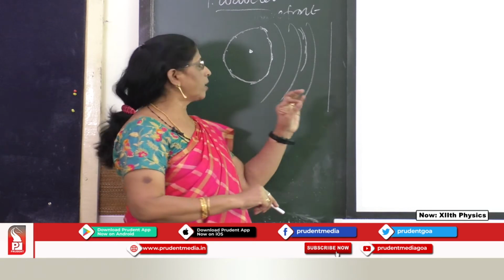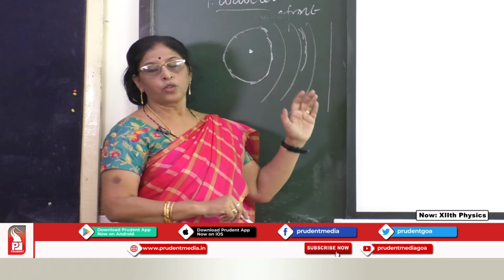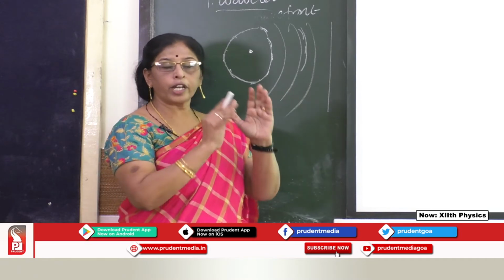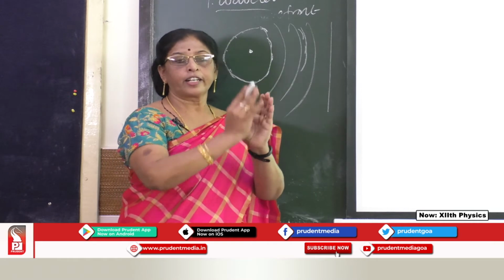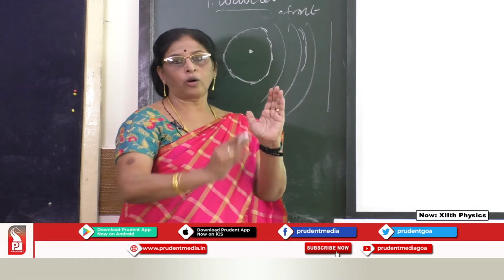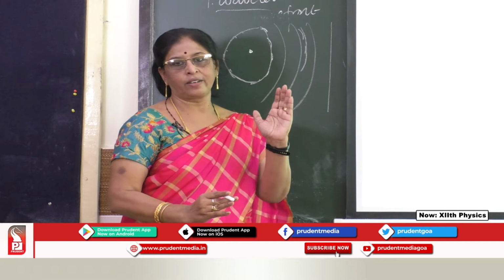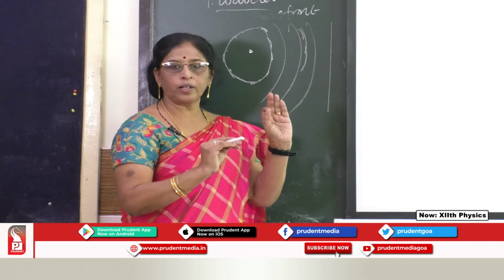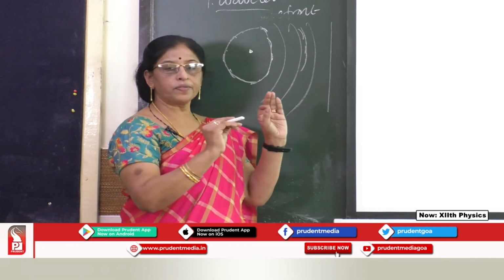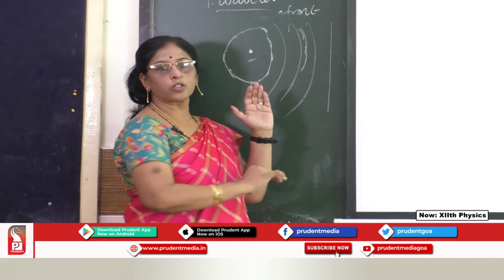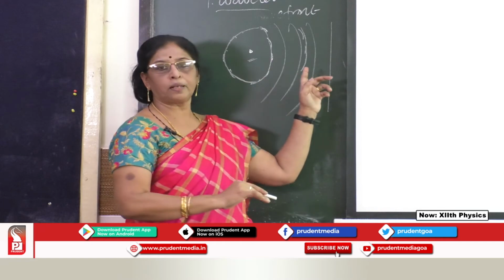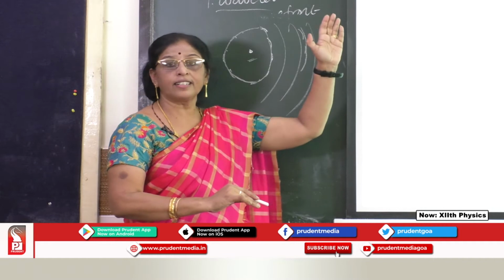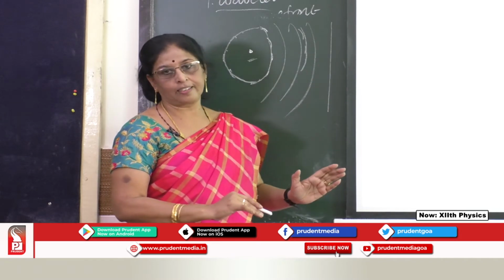That is what we call a plane wavefront, where you cannot make out a sphere. It looks like a straight line, all the points in a straight line. So whenever we consider the wavefront at a distance from the source, the spherical part spreads out and looks like a plane, straight wavefront.